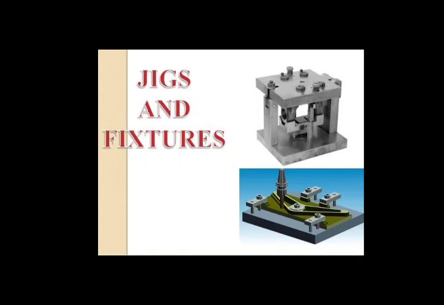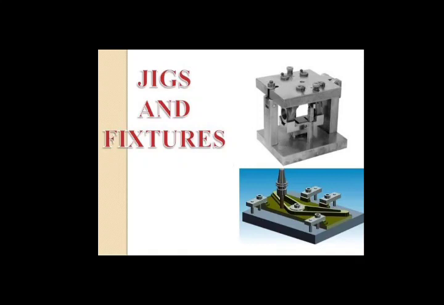Jigs and fixtures reduce workpiece setting time by positioning the workpiece relative to the machine and tool. In some cases, these devices can also be used to support complicated and dedicated workpieces. These devices can also be used to accommodate multiple workpieces in a single setting to allow their assembly and other multiple operations.